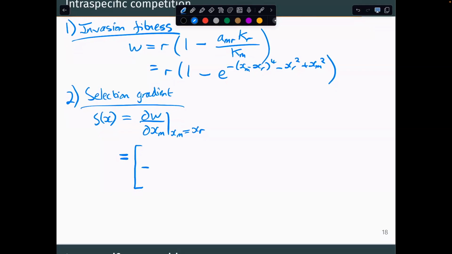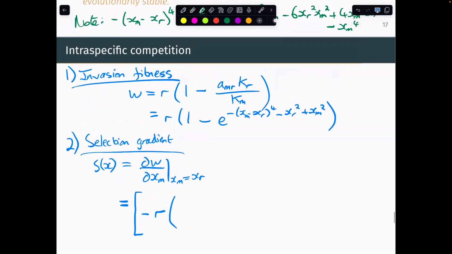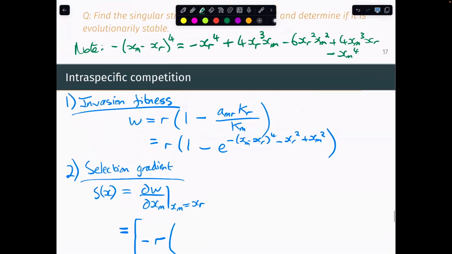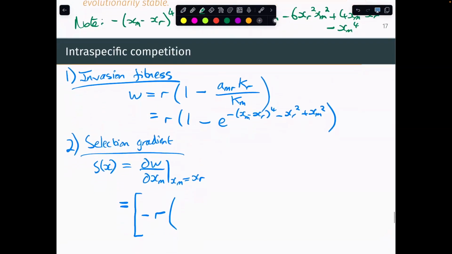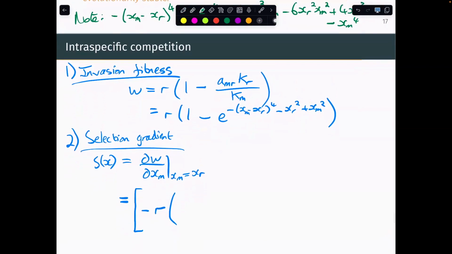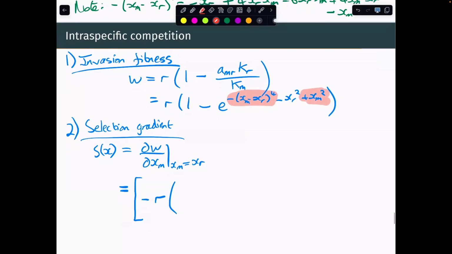So we're going to have a minus r times by, let's see, plus xm's. Let's keep it simple by expanding and doing our derivative with this term here, and then we'll take this term separately.